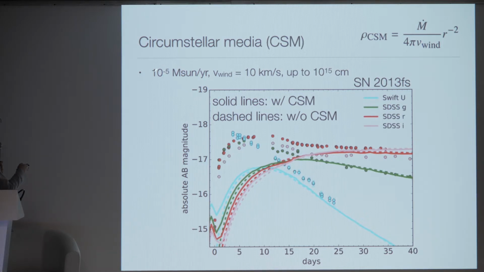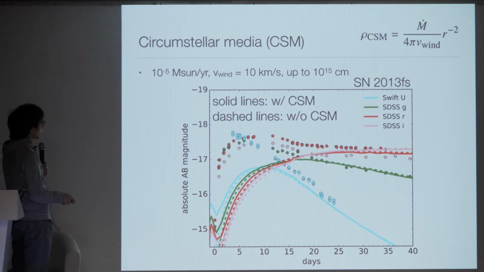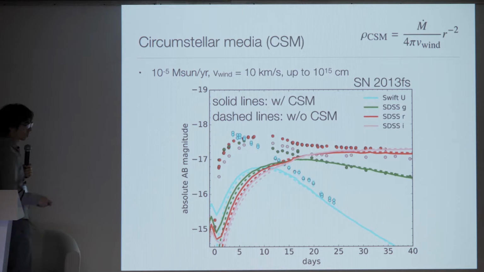Then if we put, let's say, 10 to the minus 5 solar mass per year up to some radius, which is something you expect from the standard stellar evolution theory, the light curve will look like this solid line. So 10 to the minus 5 solar mass per year is quite low, and you don't see much difference.